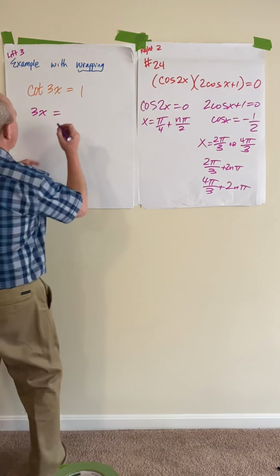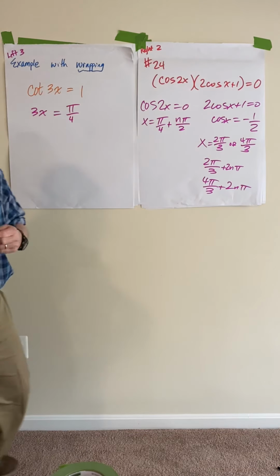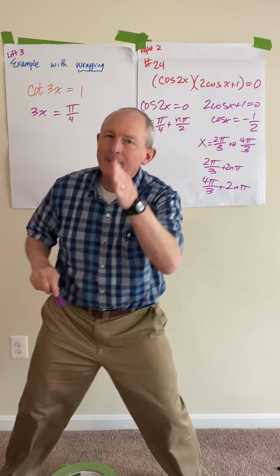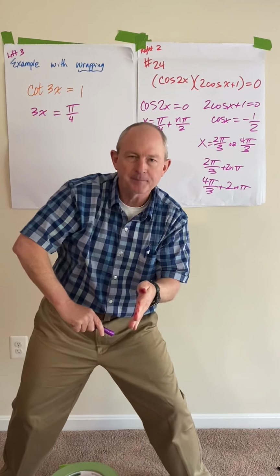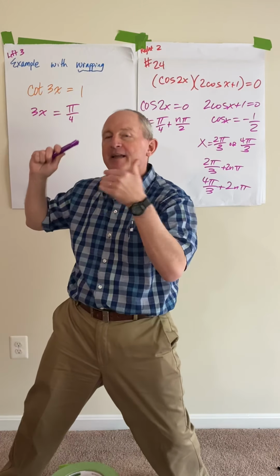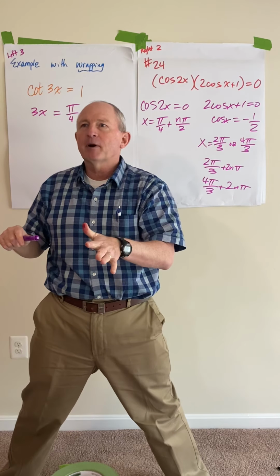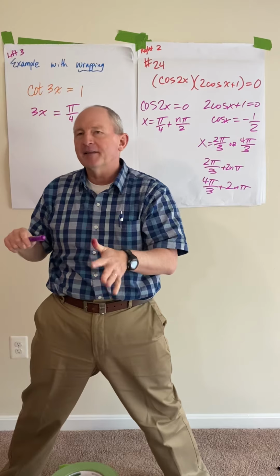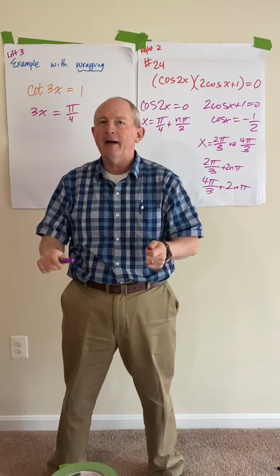So that would be 3x equals pi/4. That's cool. But what I'm going to end up doing to get x by itself is dividing both sides by 3. I have to remember that I'm restricted to going from 0 to 2 pi.